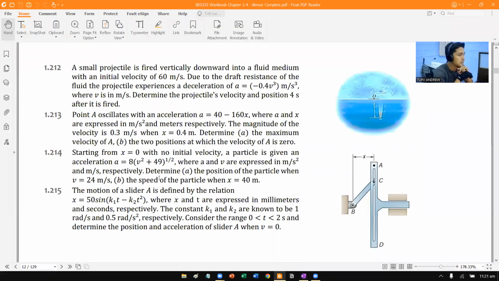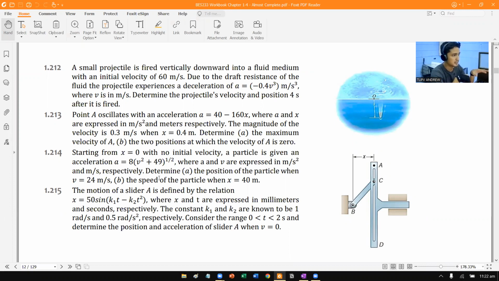Okay, so last problem. A small projectile is fired vertically downward into a fluid medium with an initial velocity of 60 meters per second. Initial velocity, that is the velocity before it enters the water or fluid.